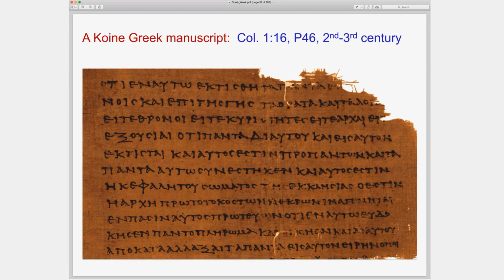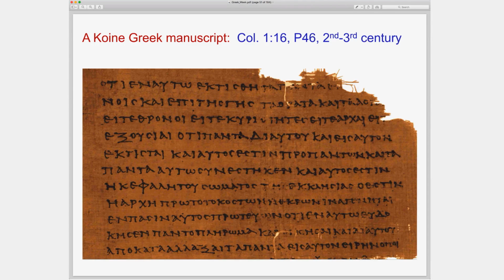Notice how they wrote. All capital letters. No spaces or very few spaces. It seems to have a few here and there. But you can't even count on spaces. And no punctuation. You see that? So you've heard it from various teachers and pulpits and so on.